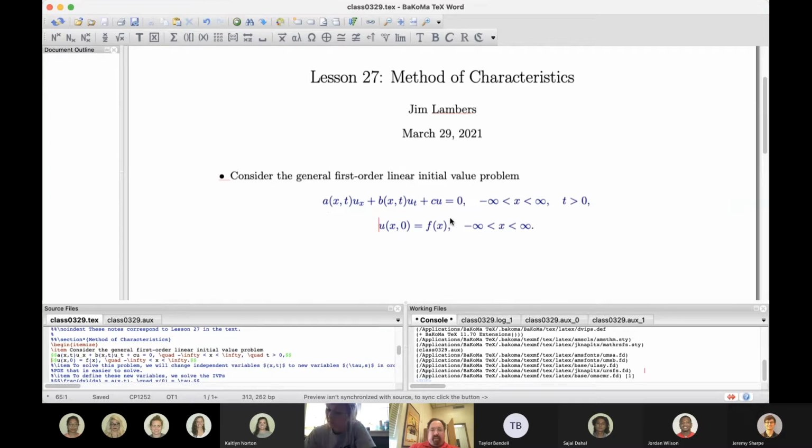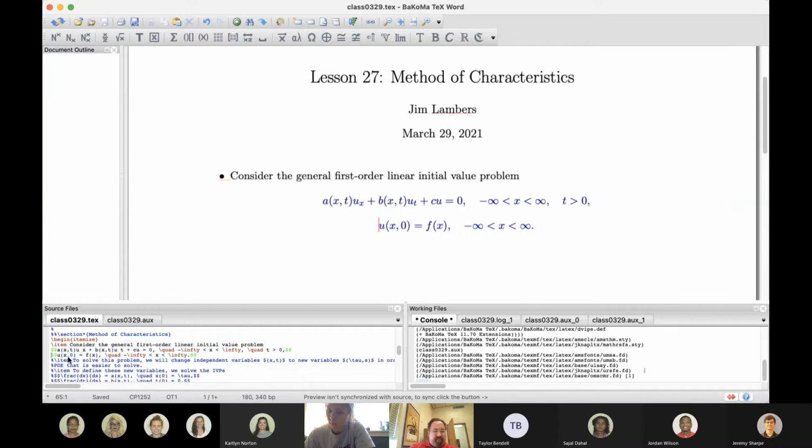So here's our PDE, and we're not dealing with boundary conditions. This is defined on the whole real line. Looks like a Cauchy problem, and then we have this initial condition here. And the way we're going to come up with a solution is to make a change of variable.